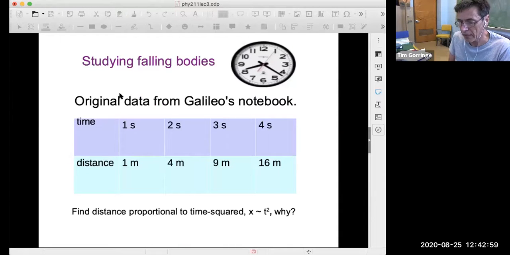I got hold of Galileo's notebook from his original experiment, 400 years old, and here's his data. And what he did, and why he is the father of physics, is that he not only watched and thought about the falling body, but he made measurements of the falling body. And here's the results of his measurements. He measured the distance traveled by the falling body as a function of the elapsed time of the falling motion. And that's what you see in this little overhead here. I'm going to get back my annotation.